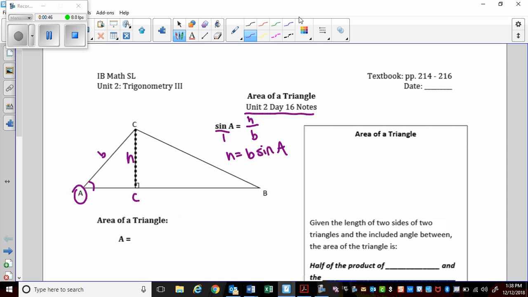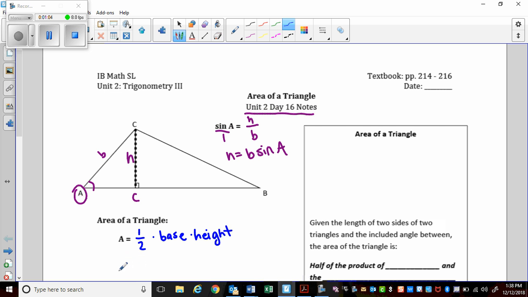All right, so the area of a triangle, we now can find the area of a triangle even when it's not a right triangle. It's 1/2 the base times the height. You guys know this.